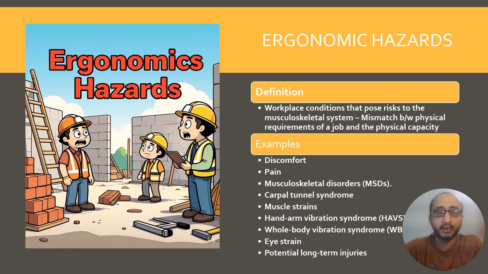Then muscle strains, and hand-arm vibration syndrome, especially white fingers, in which the blood circulation system can get damaged and our fingers are unable to perform the work. Then whole body vibration issues, eye strain related to our sight, and other long-term injuries like permanent damage to the musculoskeletal system. So these are implications of the ergonomic hazards.